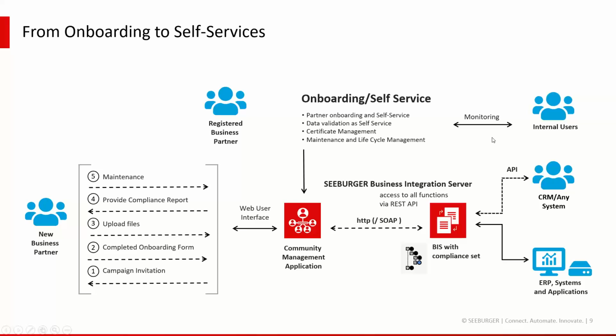After the partner has completed the onboarding, they should have a UMS account within the BIS system in which the CMA portal runs. So now you can assign further self-services in CMA to this registered business partner. They will be configured as new projects, and they will allow you to use the community of the connected partners for the future, and to carry out repetitive tasks in a transparent and hopefully largely automated way with advantages for both sides.